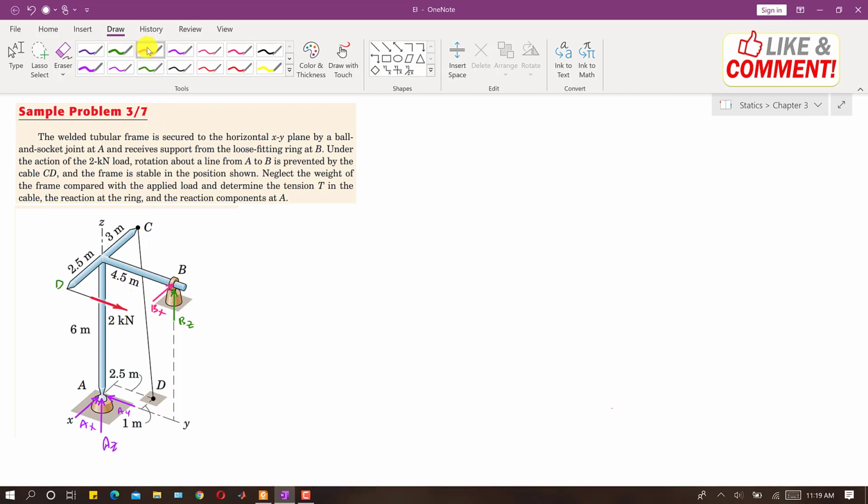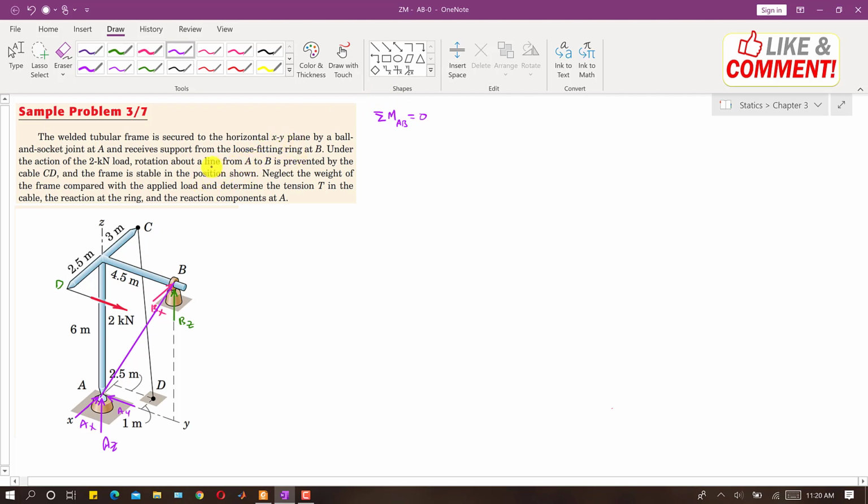If I draw that line AB, this is that line from A to B. In this problem, the whole tubular frame cannot rotate about this AB line. So the summation of moment about the AB line will be equal to 0. This is the equilibrium condition that we have to apply to find the unknowns.